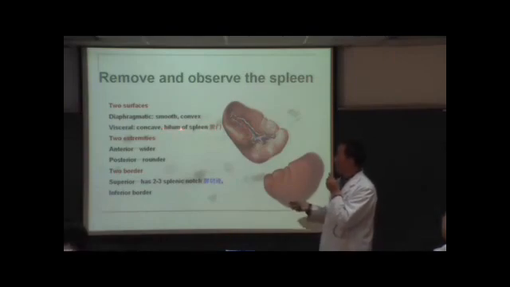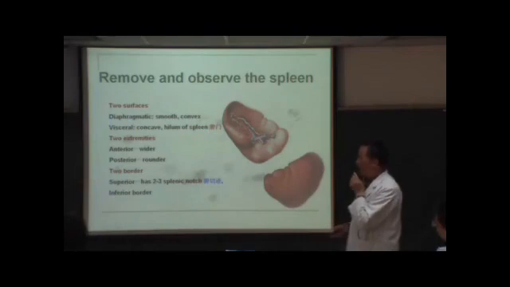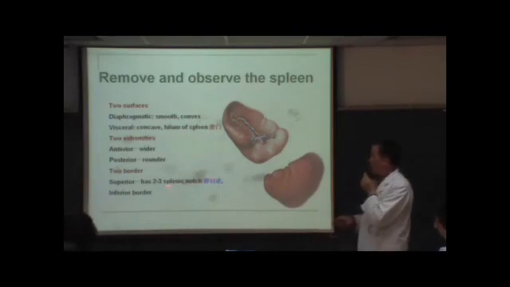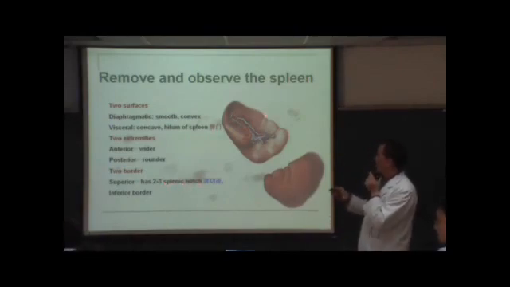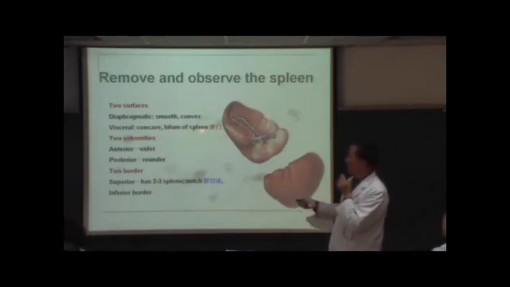Read it, hilum of the spleen. And the splenic notch. Read it. Splenic notch. What is this? This is the splenic notch. And this region is the hilum of the spleen.